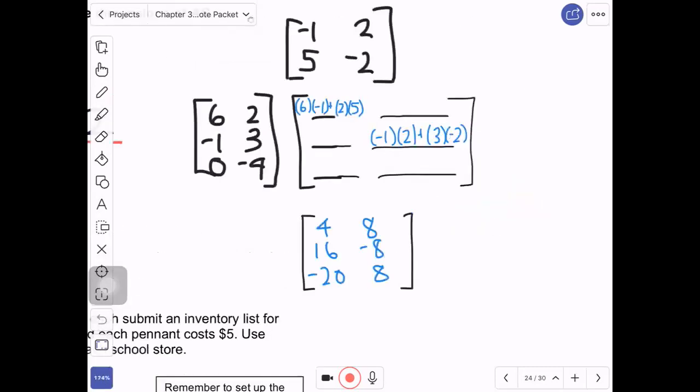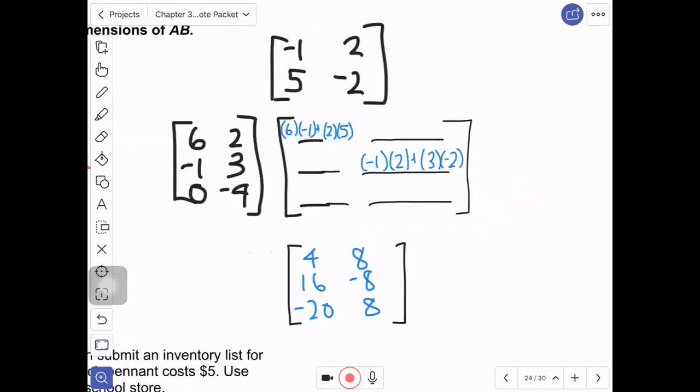So we did the math for 2 of our numbers here, but let's fill in what we have to do for the rest. What numbers we're going to multiply together. So for the first row, second column, this number right here, what numbers are we going to multiply and add together? Helene?